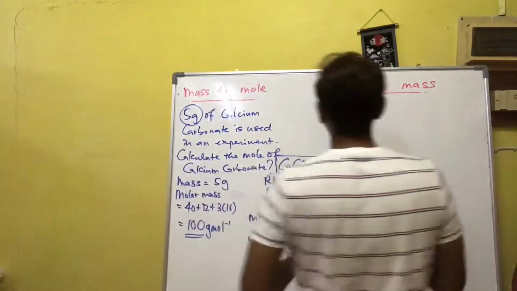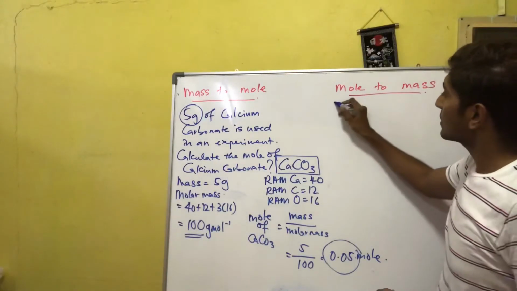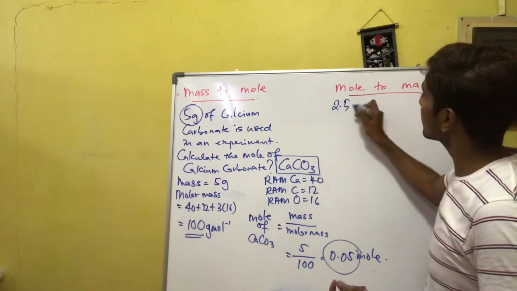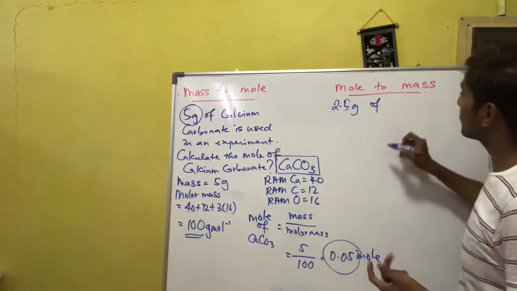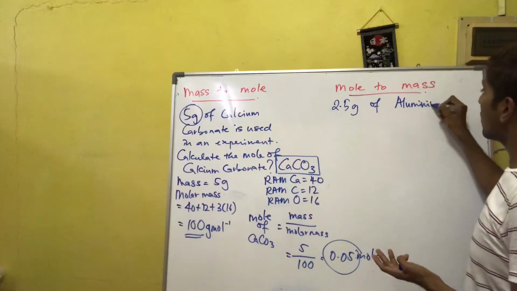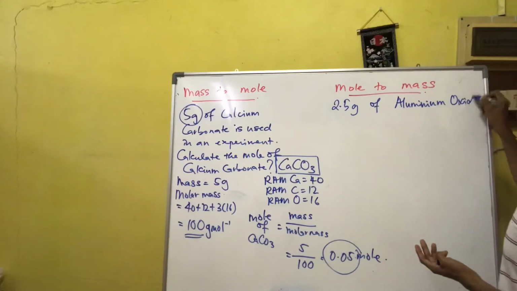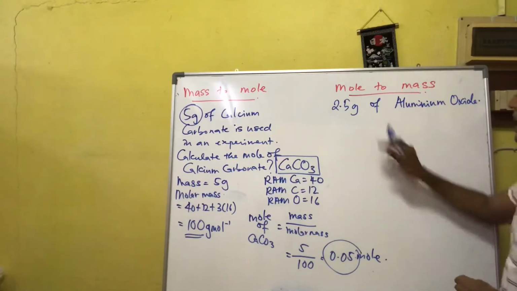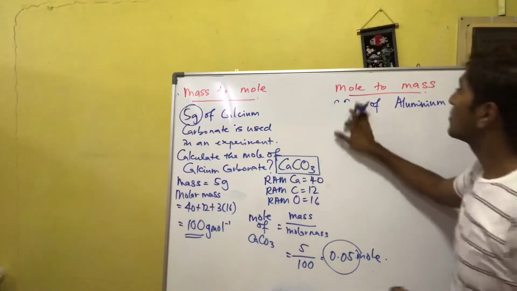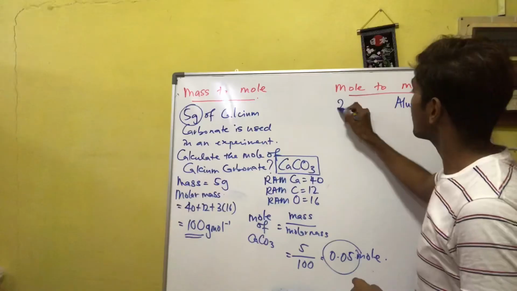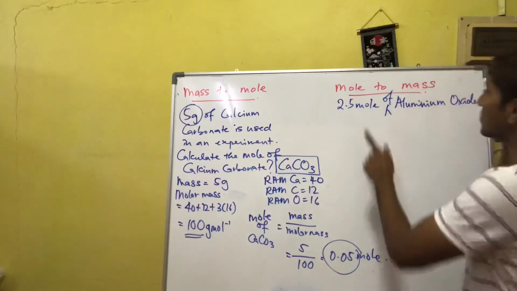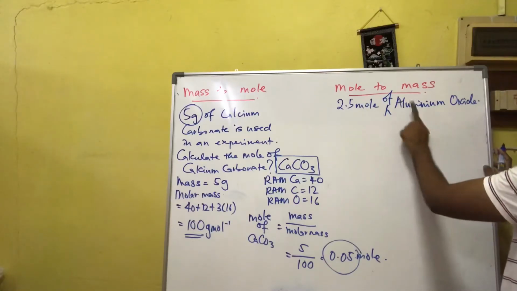So for example, I have 2.5 mole of aluminium oxide.